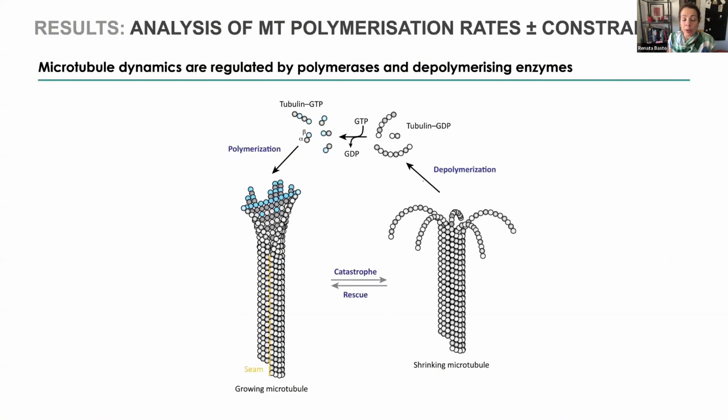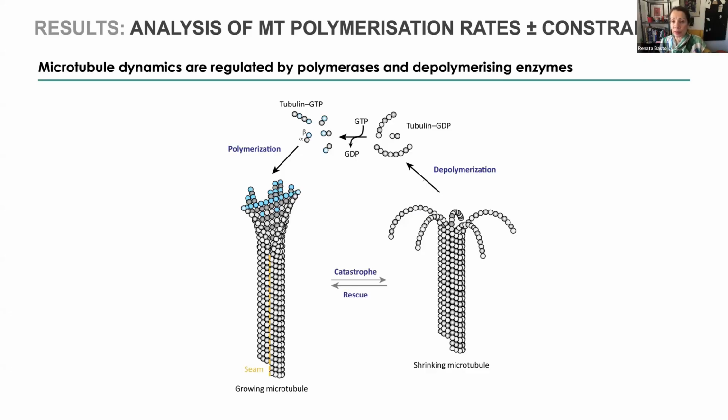And so we all know that microtubules are quite dynamic, and this instability depends on how microtubule-associated motors associate with polymers and also on how many tubulin dimers are available for growth or depolymerization.